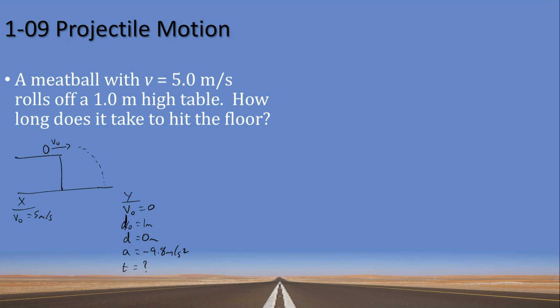So it looks like in the y components, we have all the information we need. So we're going to look in the y's. And I think we could use d equals 1/2 a t squared plus v0 t plus d0.